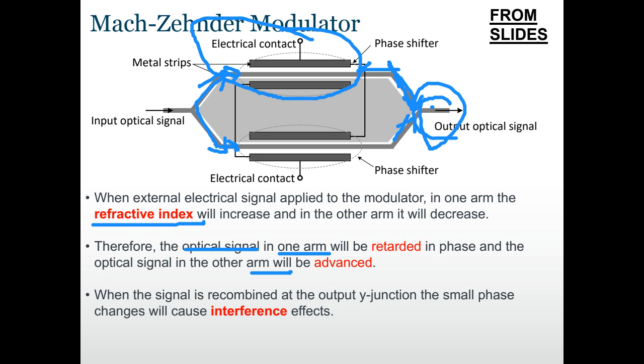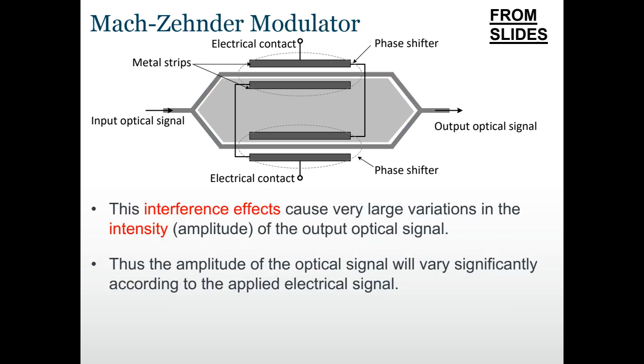This interference would cause large variation in intensity. That's how we modulate the optical signal: we modulate the optical signal by electrical signal. So this is the first level of MZM principle.